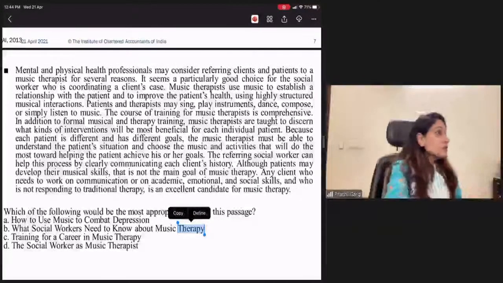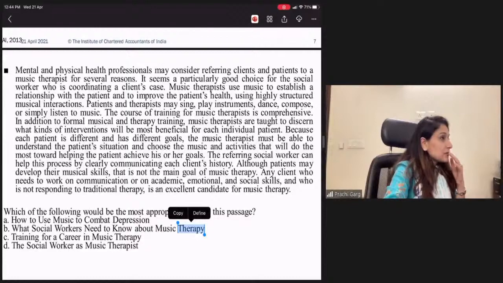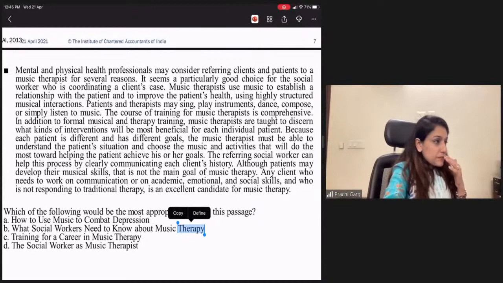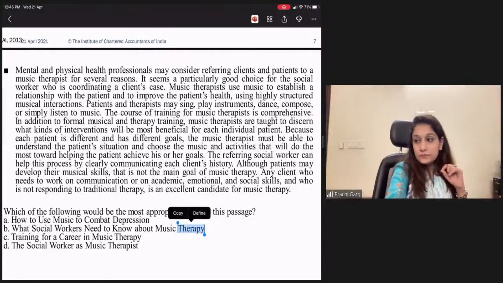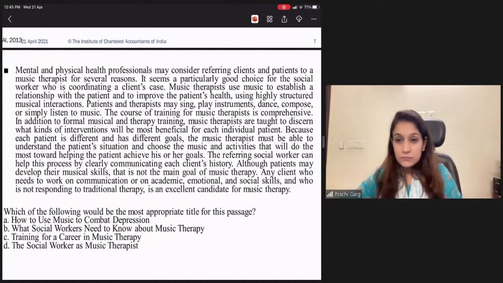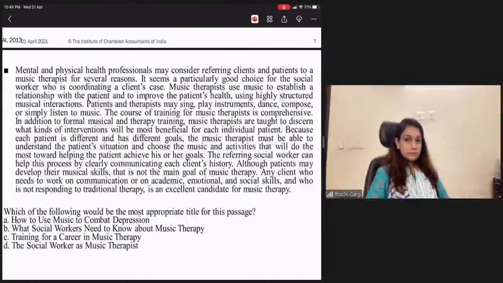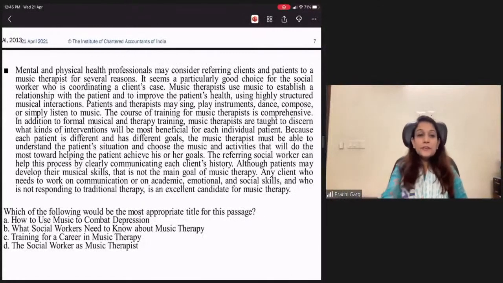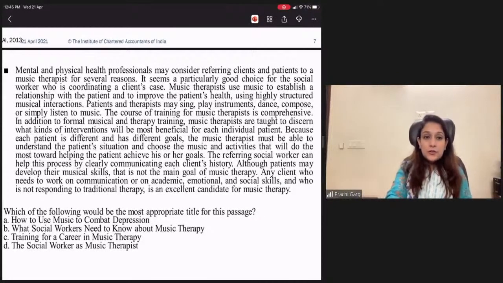Is this readable to you guys? I'll read it for you guys if you want so that it's clear to you.